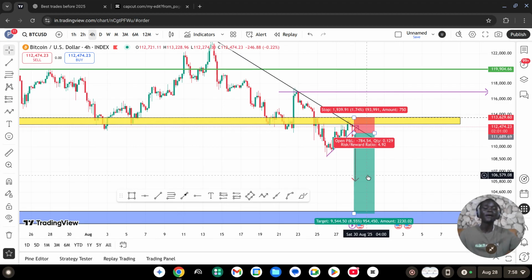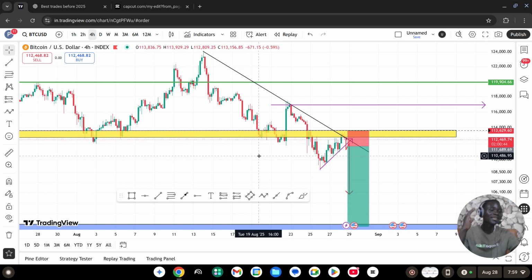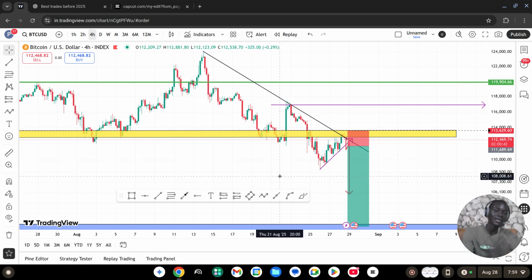This is over like 1 to 5 risk to reward, whereby if you hold onto it, guys, you're going to make so much money from this trade. Pretty much simple, guys. Trading is really becoming easier if you have your plan for your entry criteria and your exit. So this is what I'm waiting for on this trade, guys.